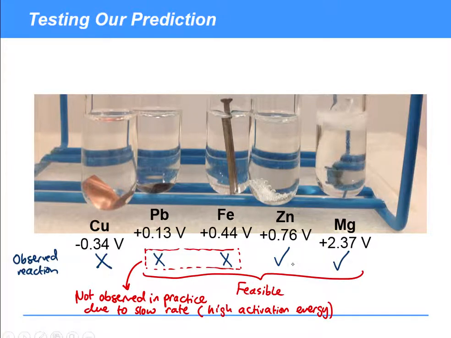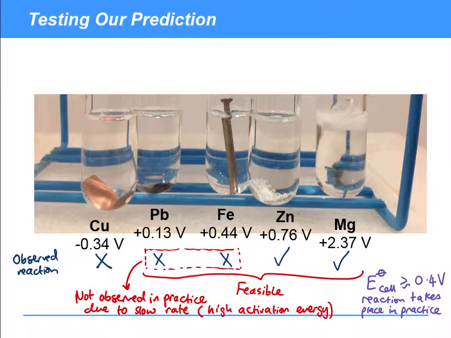And so what this has led to people saying is that if you have E cell bigger than about 0.4 volts, then that is basically saying that the reaction takes place in practice. It's not an exact science, but it's a rule of thumb that can be helpful in different situations.